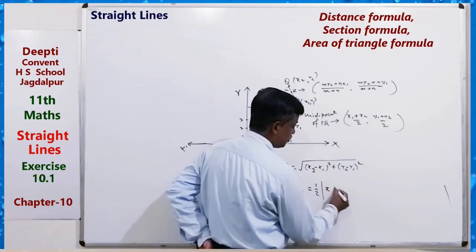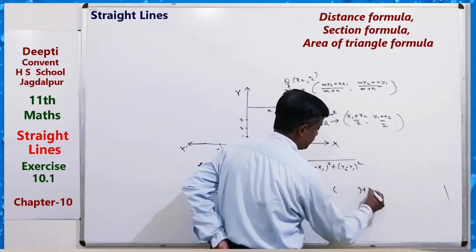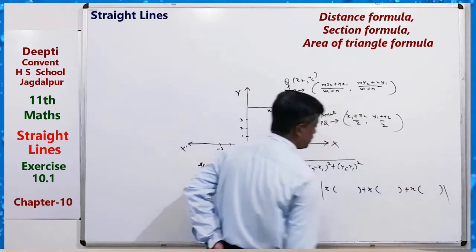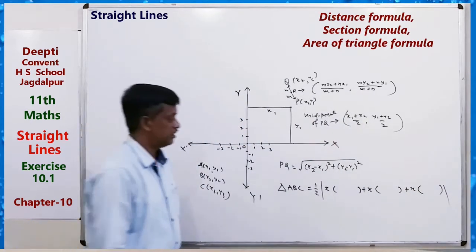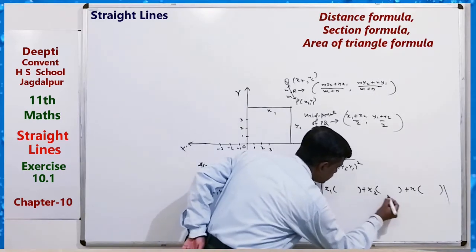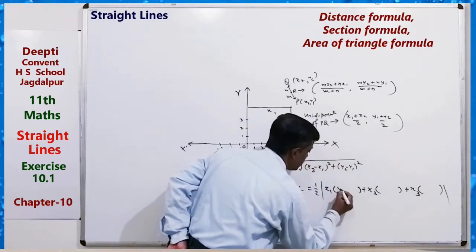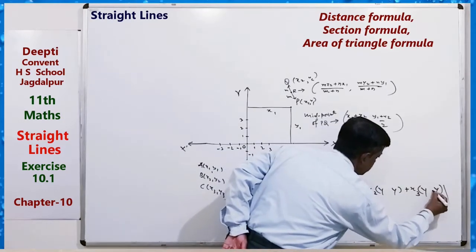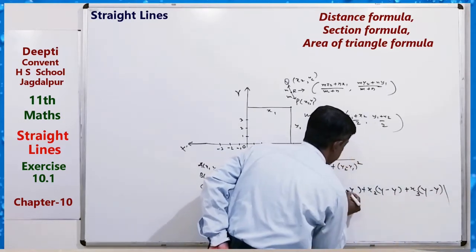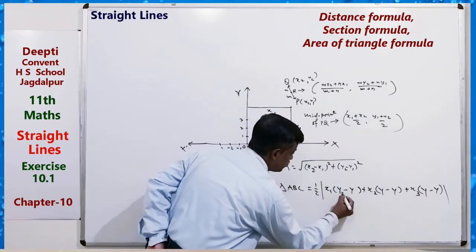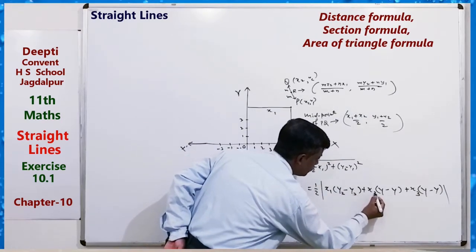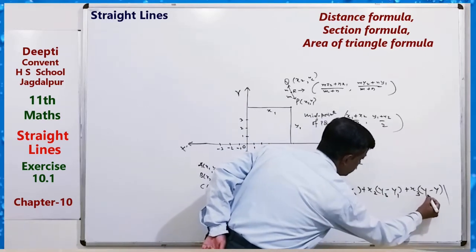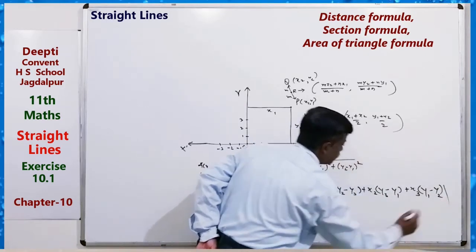The writing method is very simple. x1 times (y2 minus y3), plus x2 times (y3 minus y1), plus x3 times (y1 minus y2). The indices go 1, 2, 3, then 2, 3, 1, then 3, 1, 2.